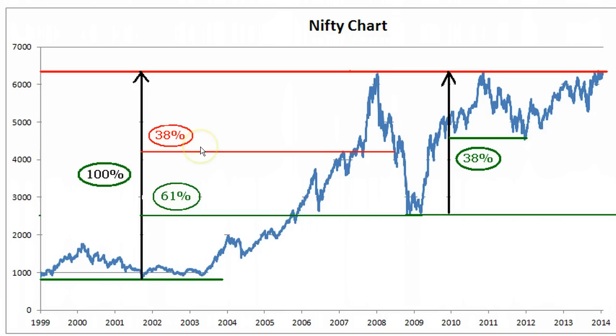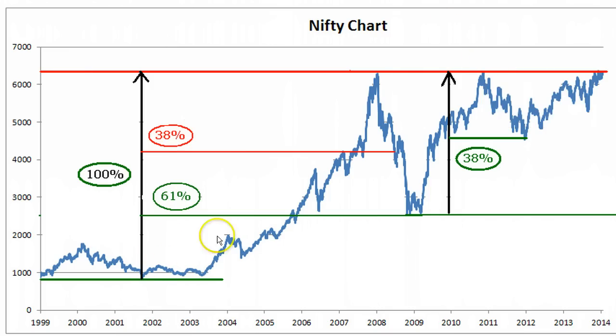So the rally started in 2002 from almost 1000 points, and the rally ended at 6300 points. Now if you're interested in finding how to find a peak, I think you should watch my other video where I predict the next Nifty peak to be close to 9000 to 10,000 levels. So watch that video.